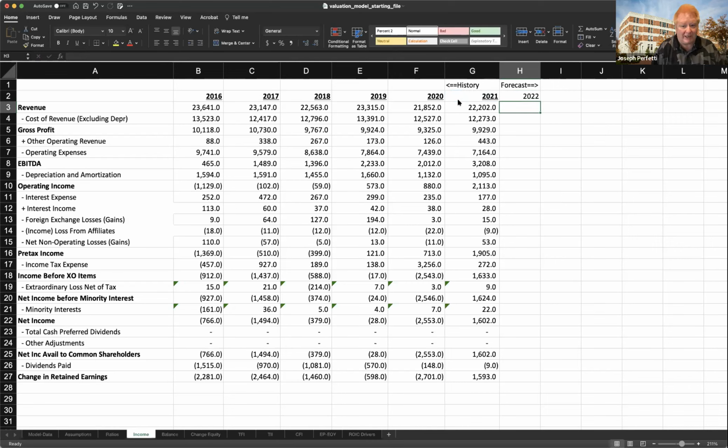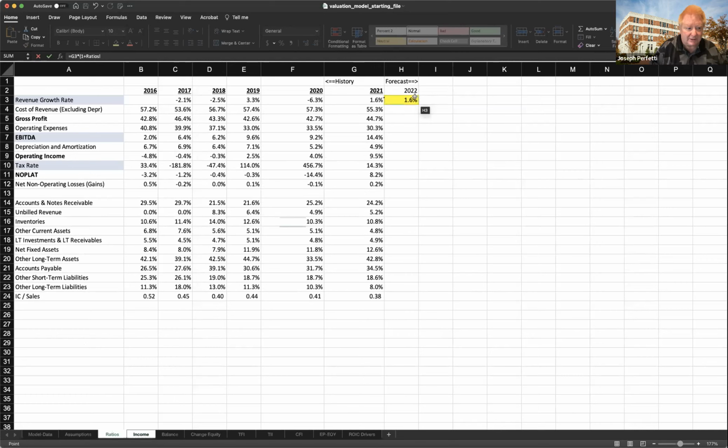Now I'm going to put in the forecast for 2022 revenue. So how do I do that? Cell H3 equals cell G3 times left parenthesis 1 plus the revenue growth rate, which is ratios H3, right parenthesis.